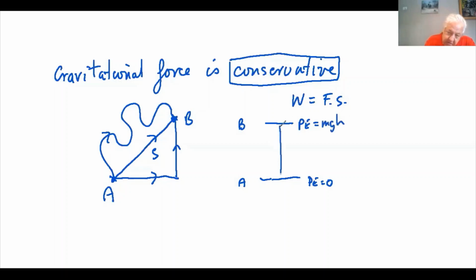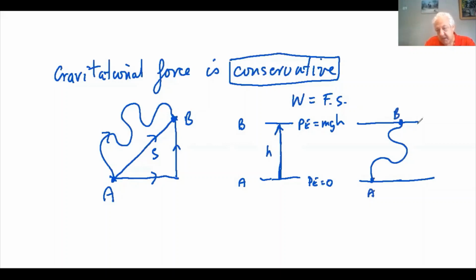So here I go from here to here. Let me put an arrow there if you want. This is height h. Now the thing is this. If I go from one height to another height by any path, then the work, the potential energy, is mgh. It can be any path.